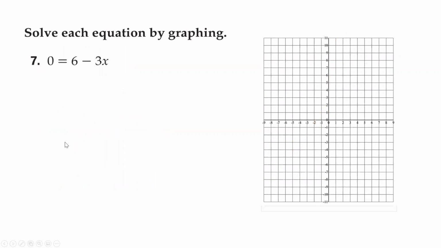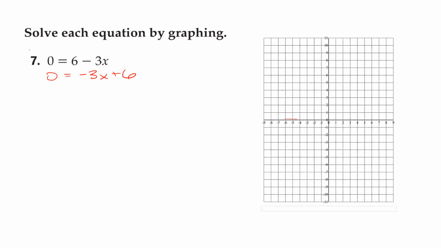Problem 7, now it says to solve each equation by graphing. When it says to solve each equation by graphing, the solution is where the line crosses the x-axis. So what I'm going to do here is I see that the y-intercept is 6, because I could rewrite it in slope-intercept form. I can make this negative 3x plus 6.